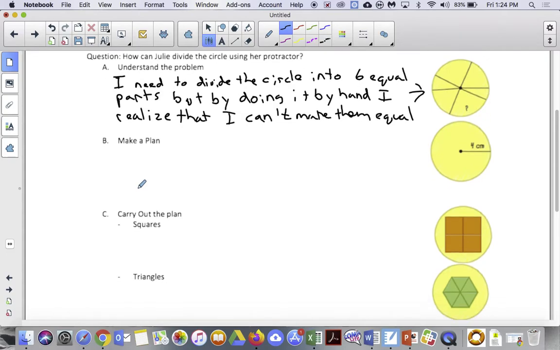So make a plan. How am I going to do this? First, I need to know the size of the angles.